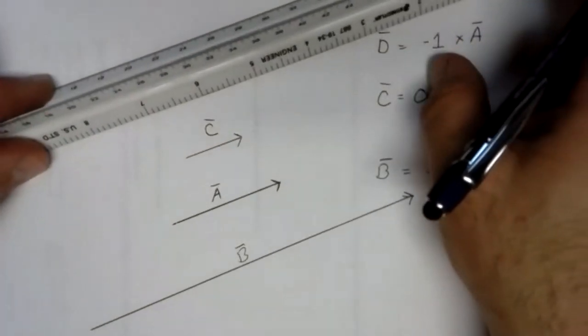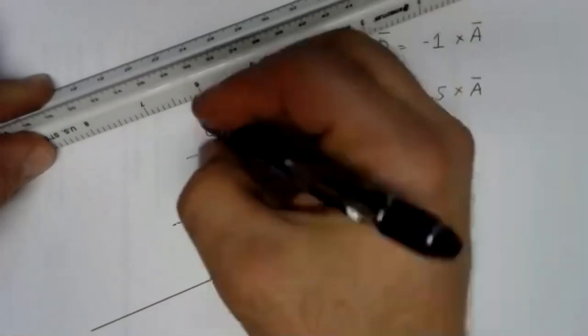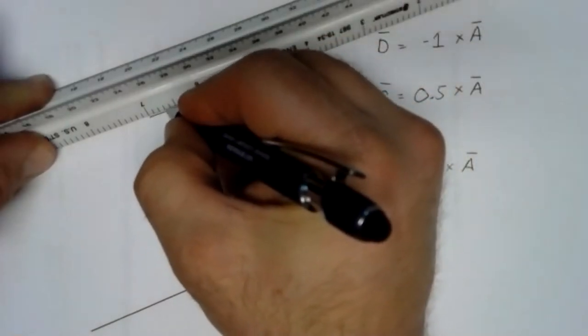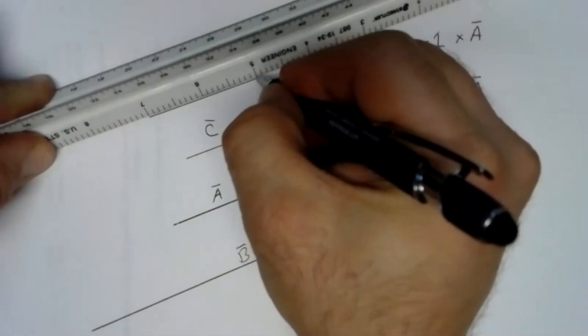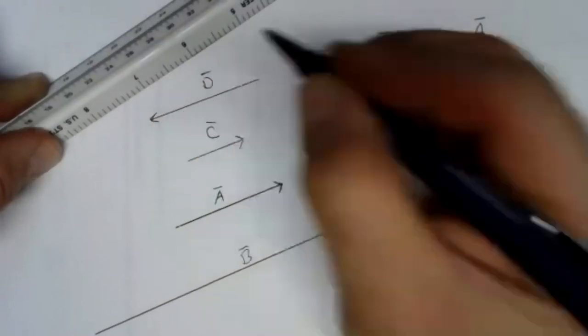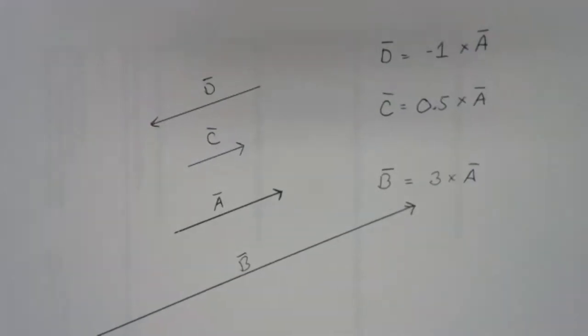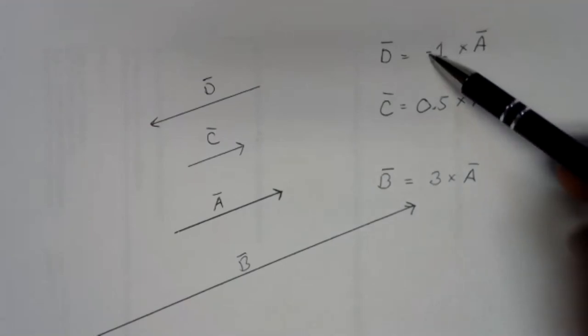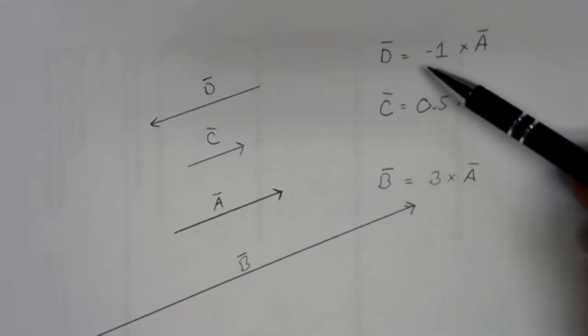So over here, I'm going to line it up so I'm in the same direction, same length of 2 inches. But now vector D is opposite the direction of vector A. The negative sign just flips the vector around.